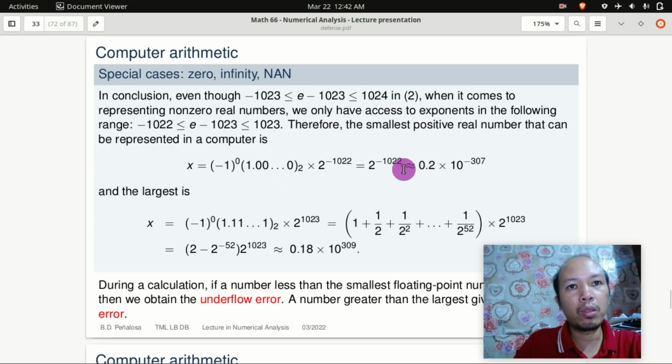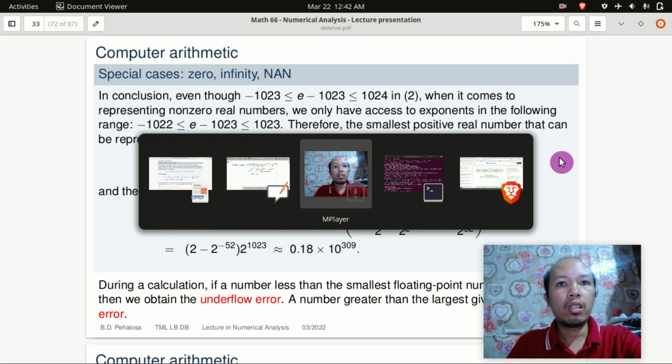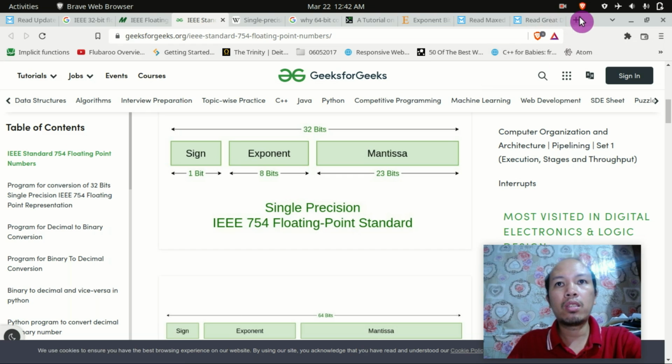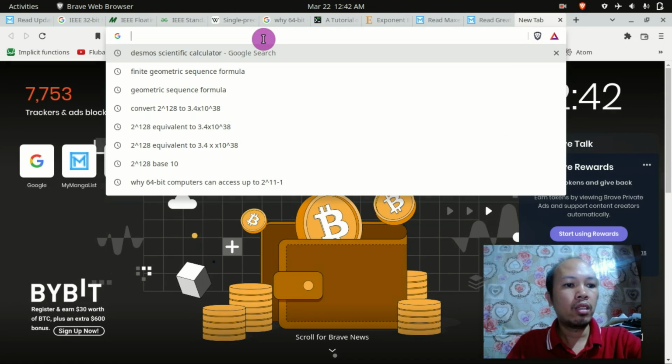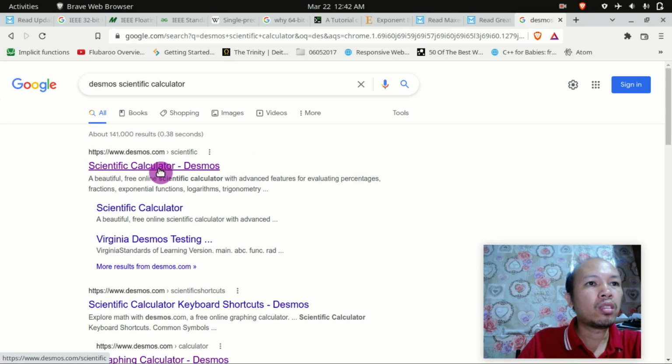So how do we get 0.2 times 10 to the negative 307? Let me go to the Desmos scientific calculator. Yes, you have to click this one.